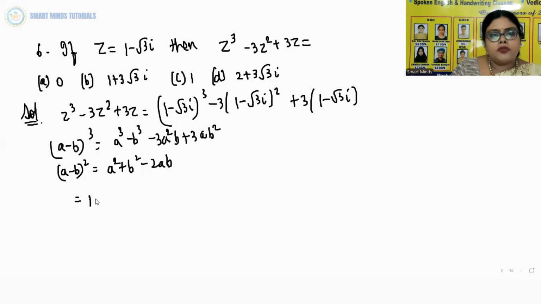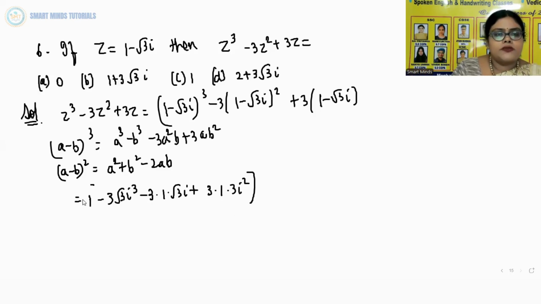So 1 cube, minus root 3i whole cube, minus 3 into a square, which is 1, and b is root 3i, plus 3 into a, which is 1, b square is 3i square. This is the expansion of the first bracket. Minus 3 into, now (a minus b) whole square, a square plus b square minus 2ab.